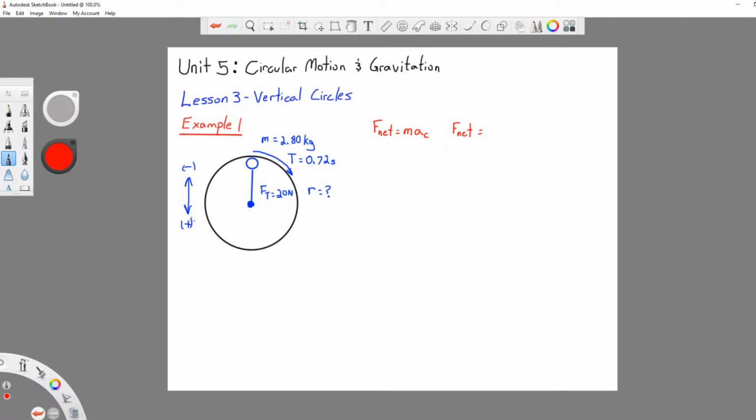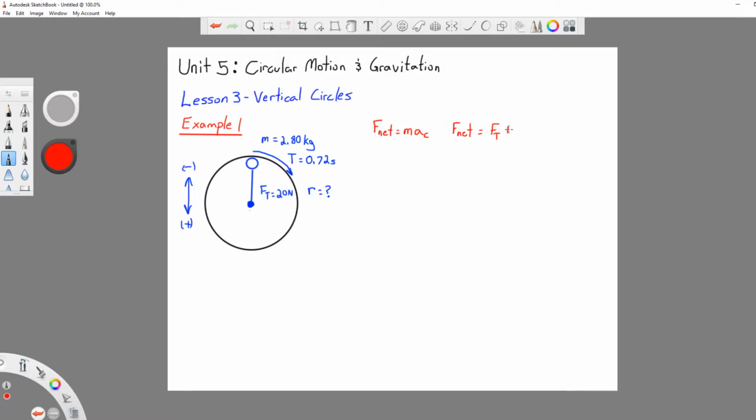in this case, let's make positive down and up negative. It's going to make this question work much more conveniently. Okay, F net is equal to force of tension. Force of tension is down, and in this case, we're saying down is positive, although you don't always have to do it. It works out if you have positive up and negative down.